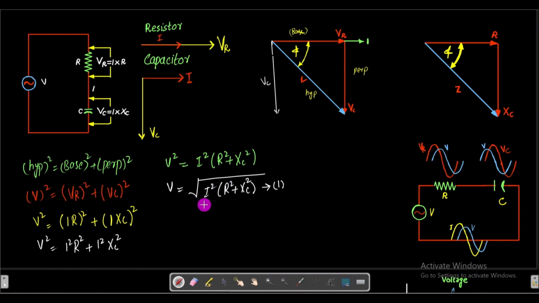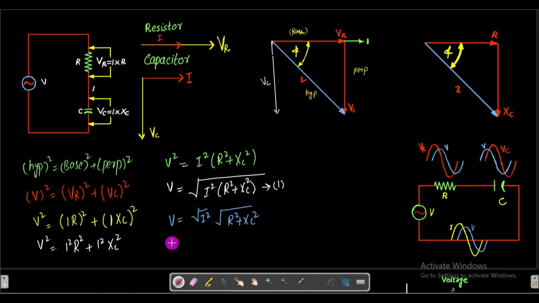After this we will have to find the opposition offered to the flow of the charges inside this RC series circuit, which is given by this. For that we have V equal to the square root of I square, with the remaining square root of R square plus XC square.